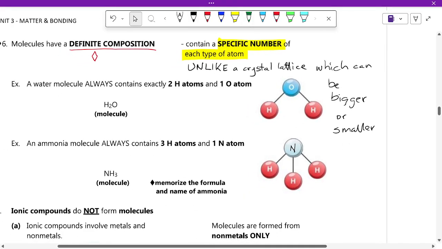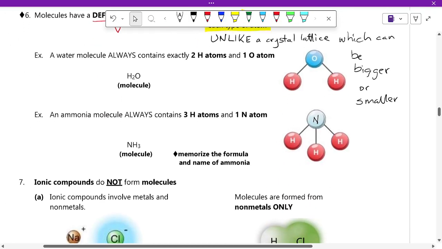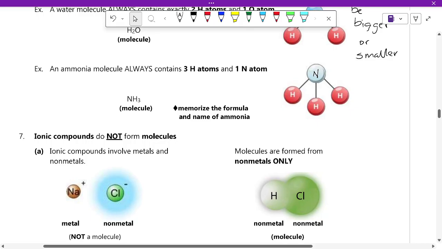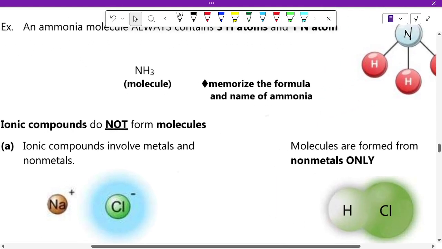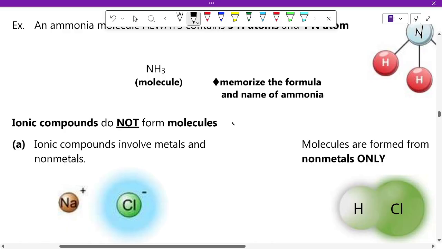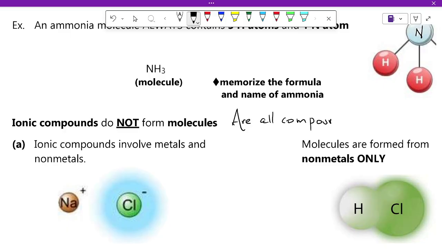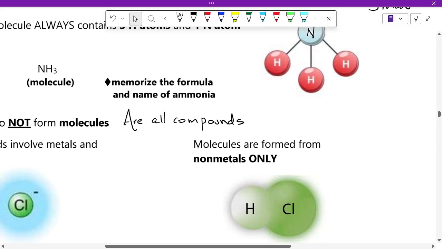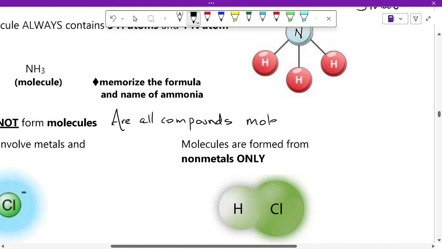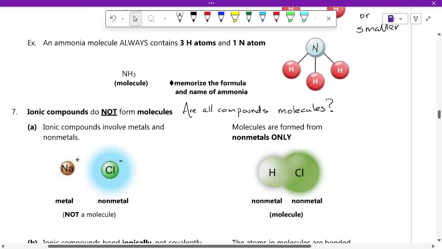And if you put your head down for a nap, you can wake up again, because we're back to non-enriched stuff. Ionic compounds do not form molecules. So that gives us the answer to the question, are all compounds molecules? And remember, ionic compounds do not form molecules.